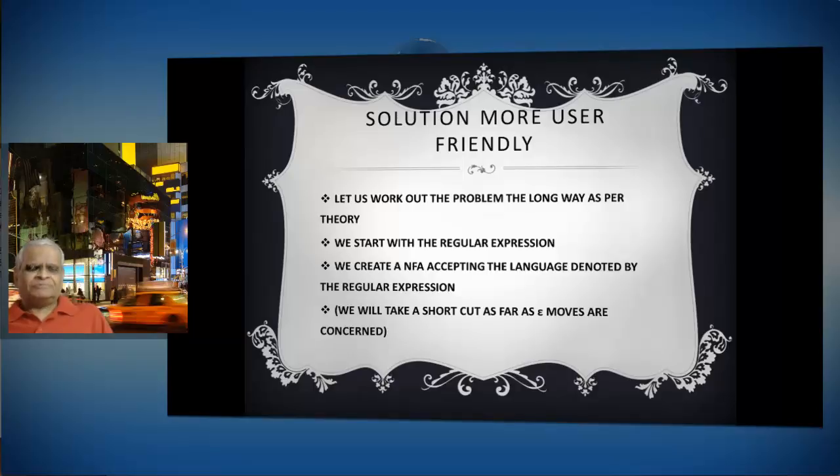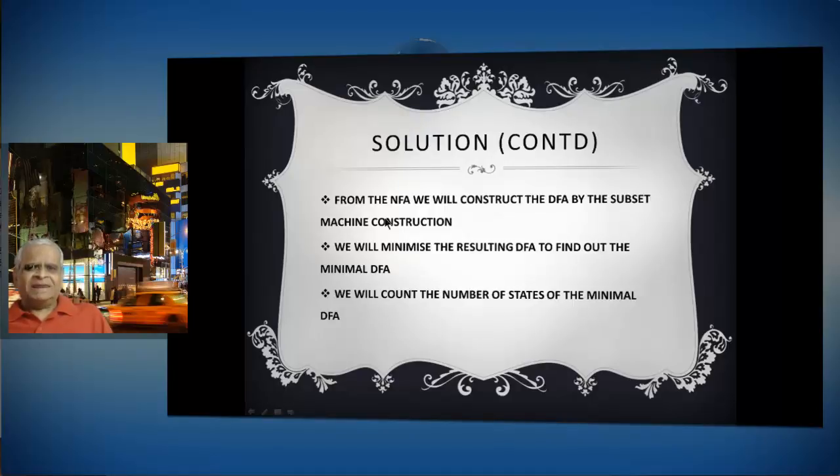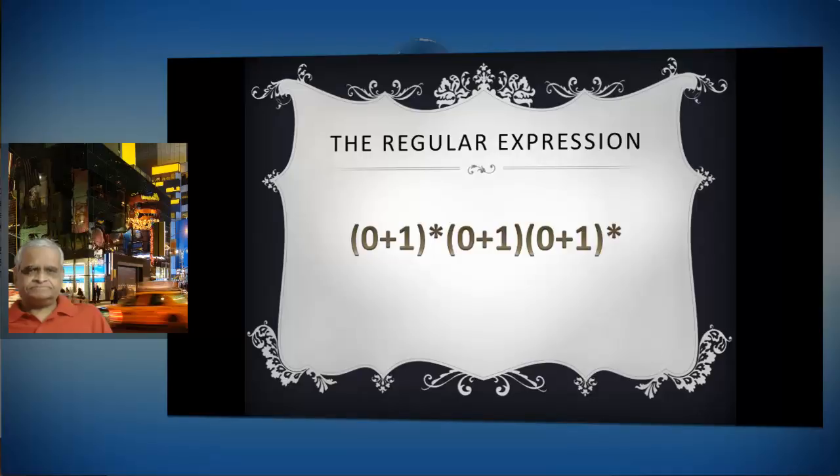Too many epsilon moves will not come in the NFA; we'll take shortcuts and cut down the epsilon moves as far as possible. From the NFA, we'll construct a DFA by the subset construction procedure. We'll minimize the resulting DFA to find the minimal DFA. Then we'll count the number of states of the minimal DFA we obtained.